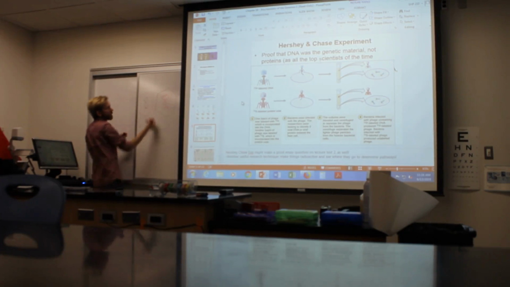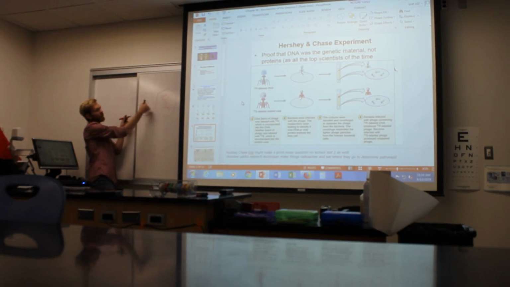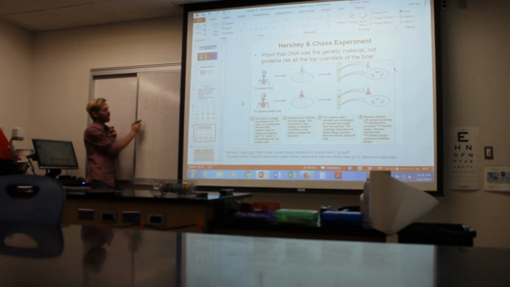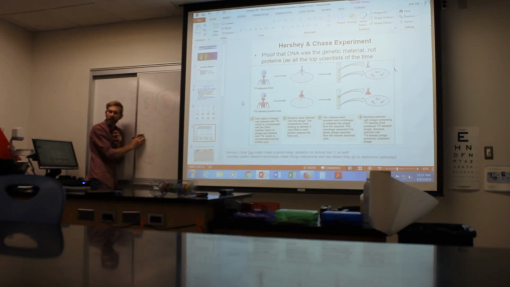Right? Two separate experiments. When these viruses infected bacteria, nothing radioactive went in the cell. So this proved that the radioactive protein didn't go in the cell. Yet these were able to make virus babies. So the cell received the information on how to make viruses, but it couldn't be made out of protein, because the radioactive protein didn't even go in the cell.